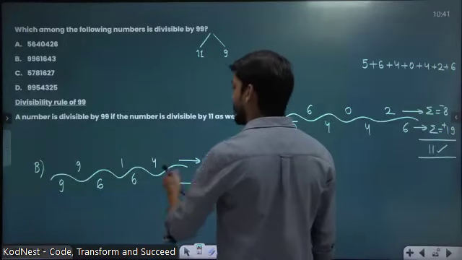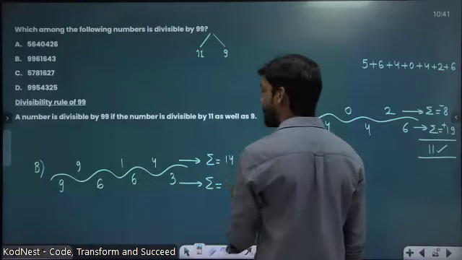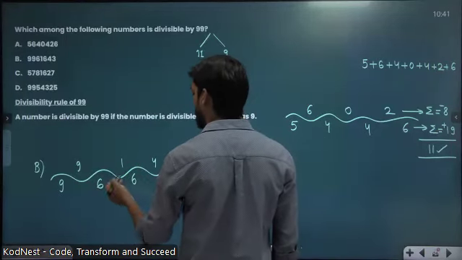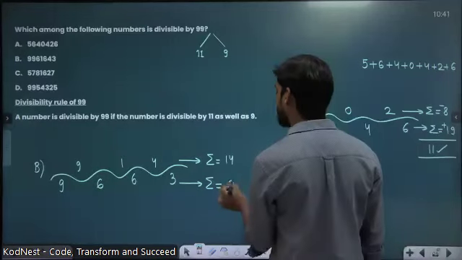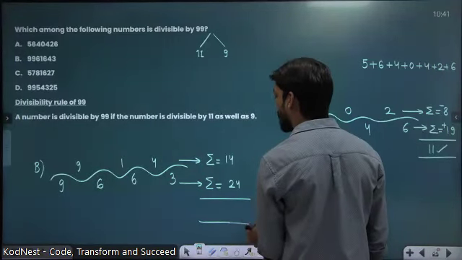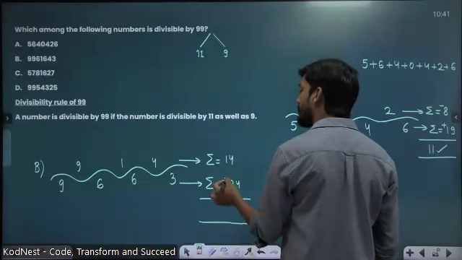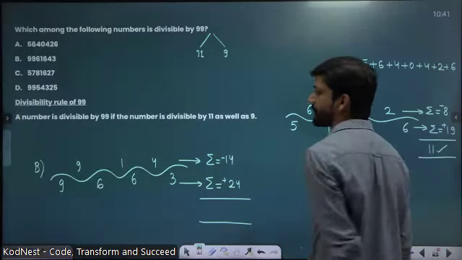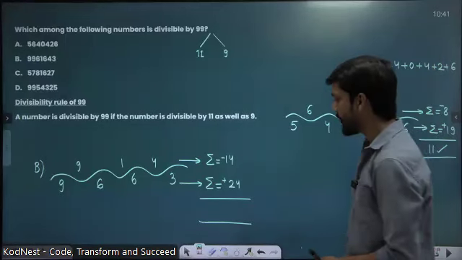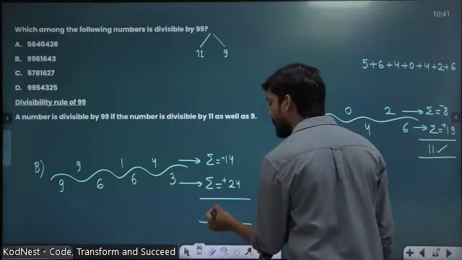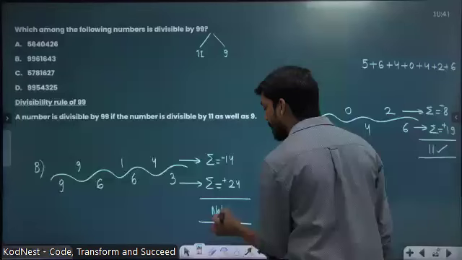Okay. 14. Bottom side, 6, 6, 12, 15. 15 plus 9, 24. Okay, one should be positive, one should be negative. Always take the higher value positive, lower value negative. Because it is our choice. Okay. 24 minus 14 will give you net value of 10.